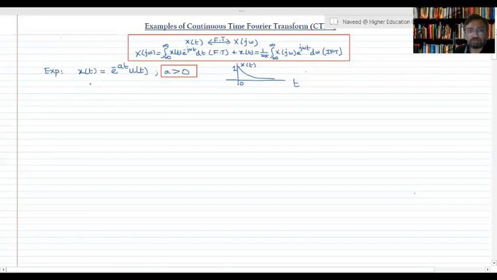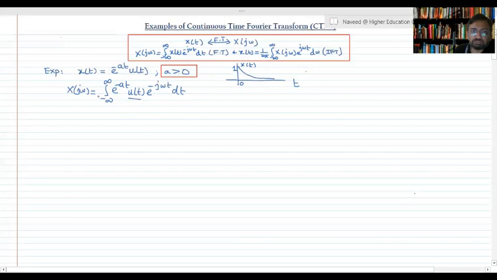Now, to compute the Fourier transform, all we have to do is plug x(t) into this formula for the Fourier transform and work out the resulting integral. So let me just do this computation. X(j omega) equals the integral from minus infinity to infinity of e to the minus a t times u(t), multiplied by e to the minus j omega t, dt.